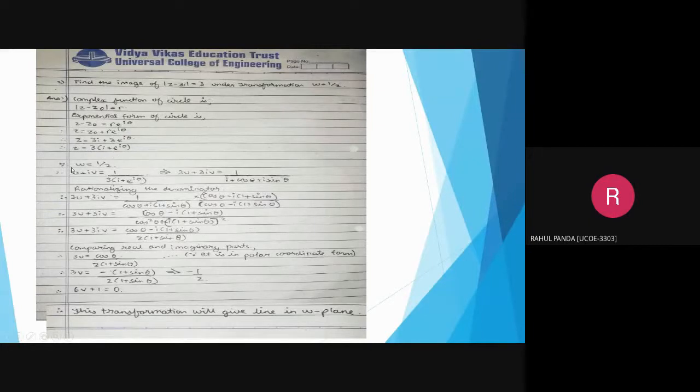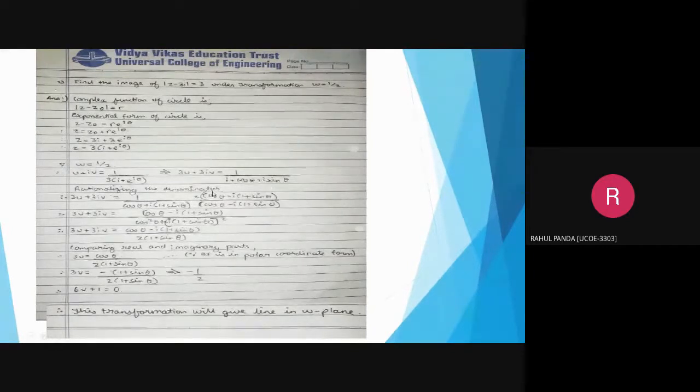Since w is equal to 1 by z, substituting the values of w and z, that is u plus iv is equal to 1 upon 3 bracket i plus e raised to i theta. Multiplying by 3 on both sides, we get 3u plus 3iv is equal to 1 upon i plus cos theta plus i sin theta.